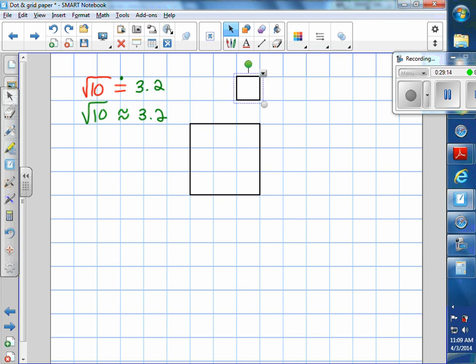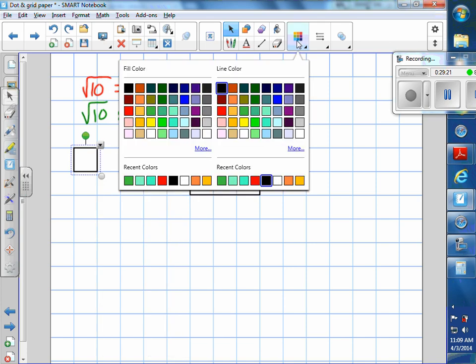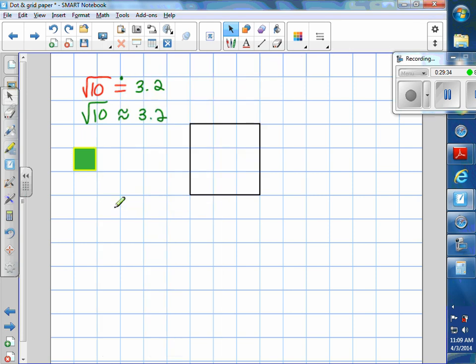So then, this is where it gets a little unusual. So you guys give me a few tries. So if I look at this here, I've got a perfect square of 9, but I want the square root of 10.